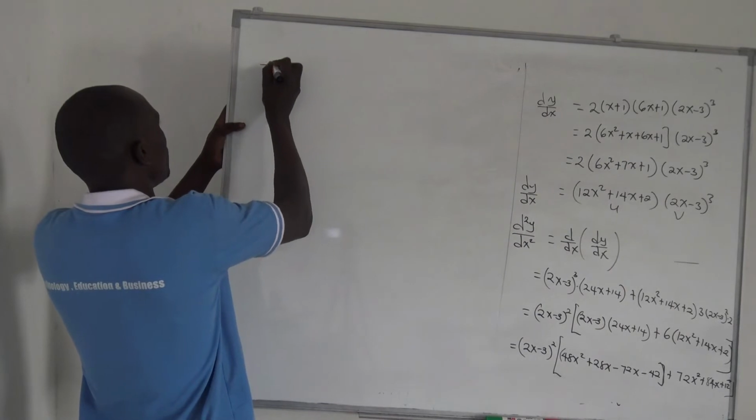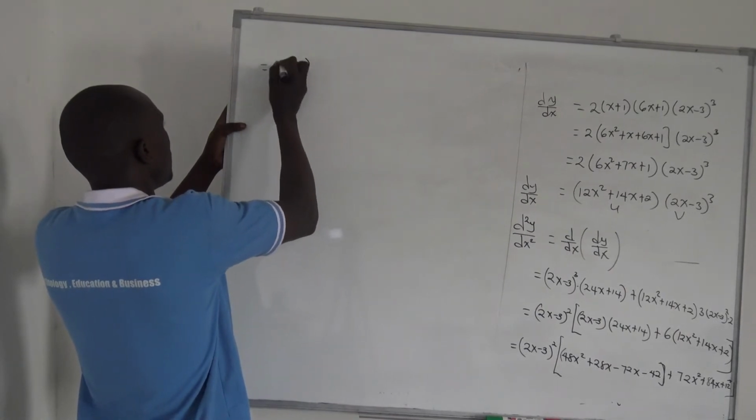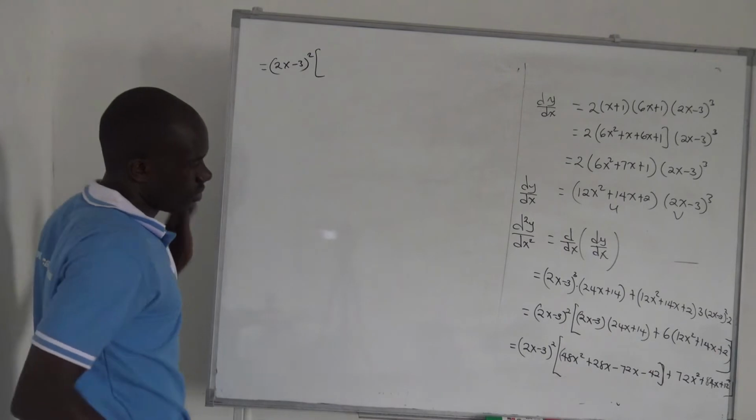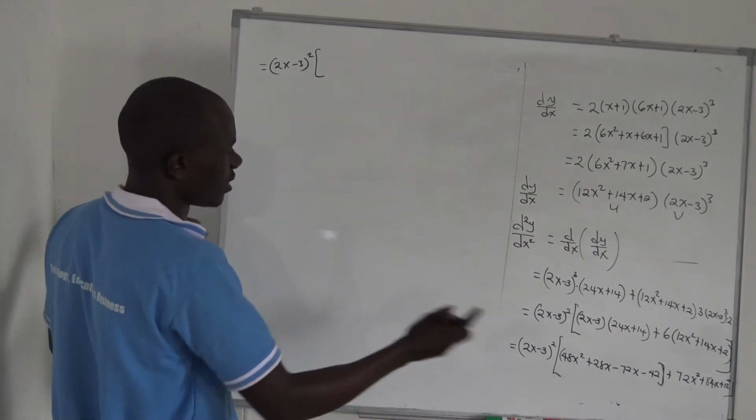So we move on. We are getting (2x minus 3) squared into, we are free to open the brackets and collect like terms.